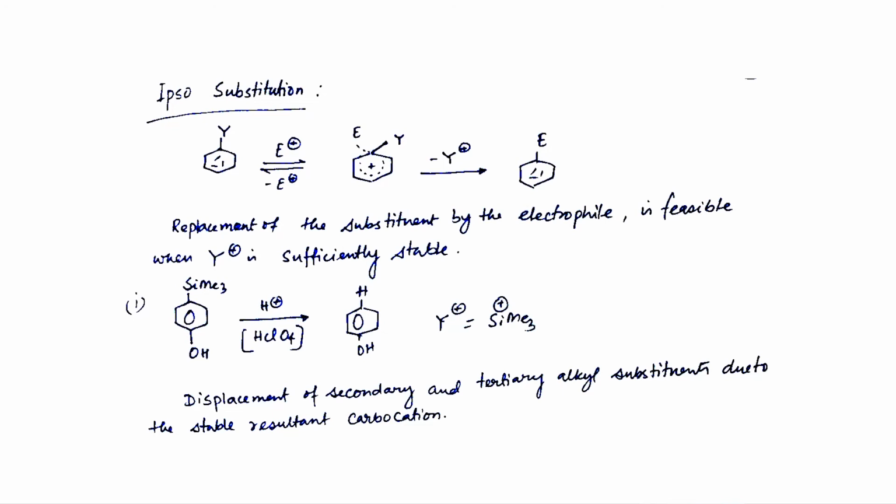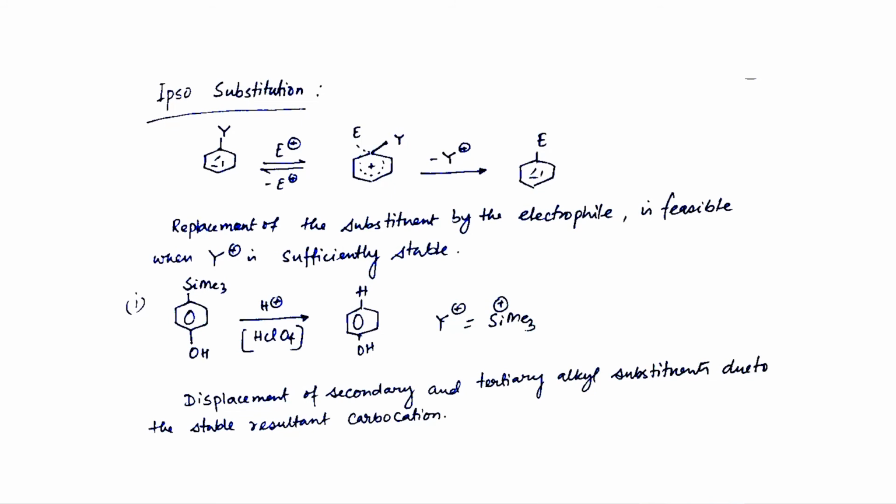But this majorly and mostly happens when this Y has its inherent stability. The cation, the Y plus that it generates after dissociation, has its stability. Most of the time, secondary or tertiary alkyl substituents lead to this sort of ipso substitution. But this is very interesting. Sometimes a question comes that, okay, this substituent, what will happen if you treat it with this? So there could be two possibilities. In some cases, or maybe as a mixture, you get the substituted product, or you also get a displaced product.